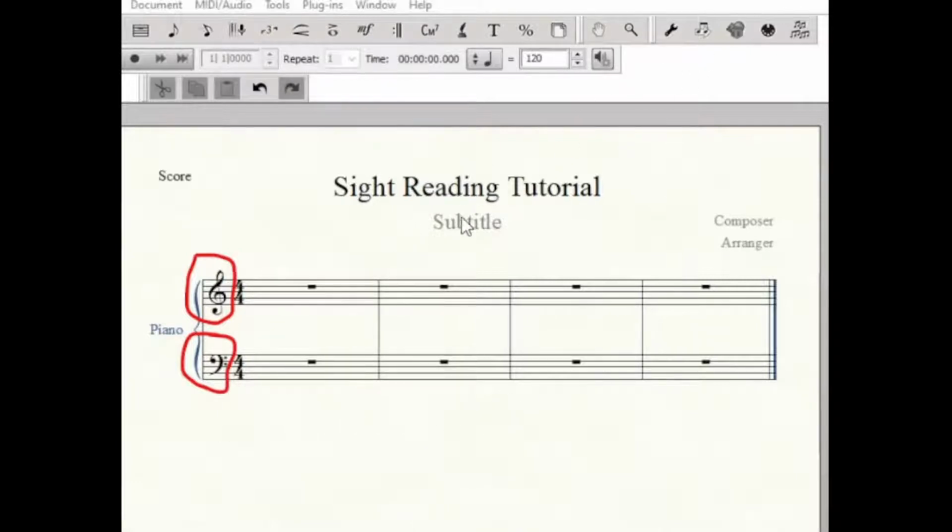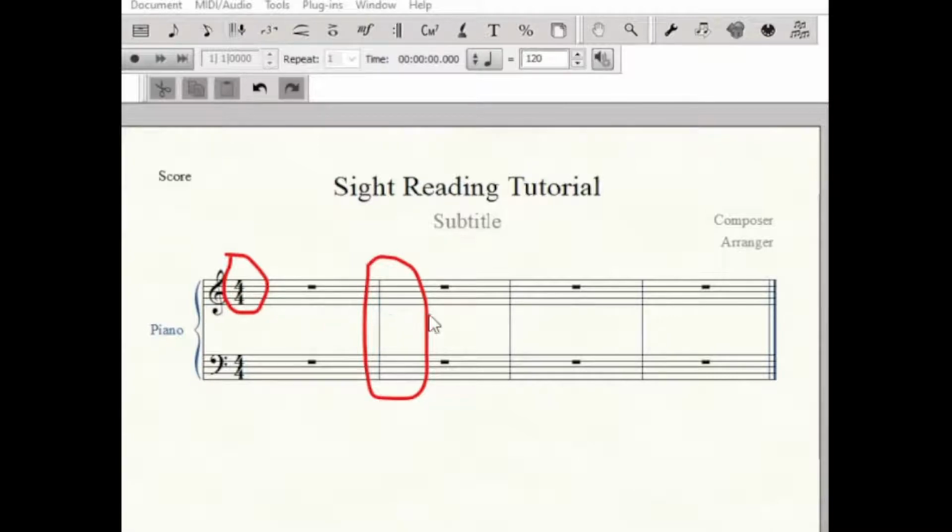So, what else do we have here? We have these numbers, 4/4. That means that in this measure, and this measure begins here and ends here, we have 4 beats, and each beat is a quarter note.